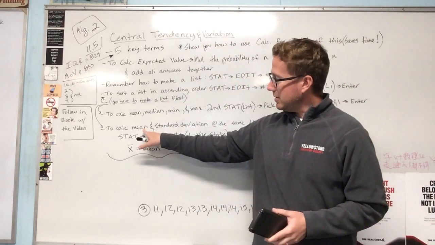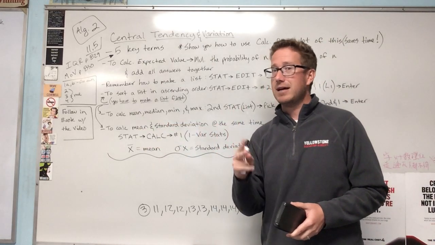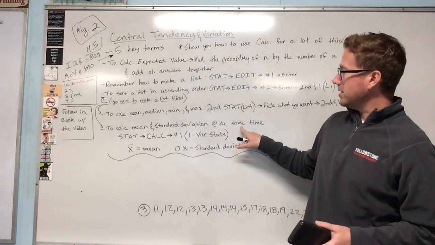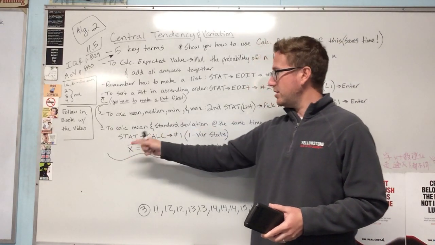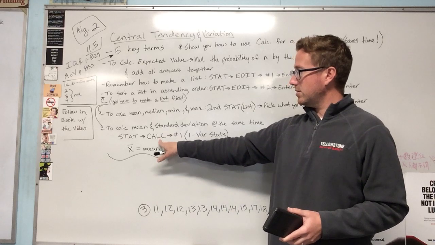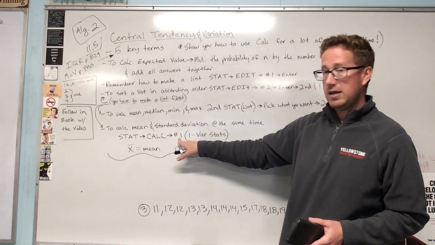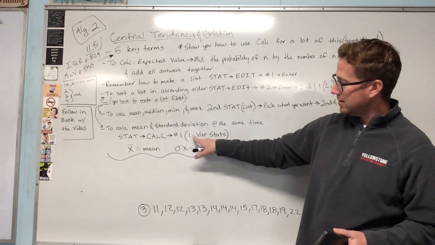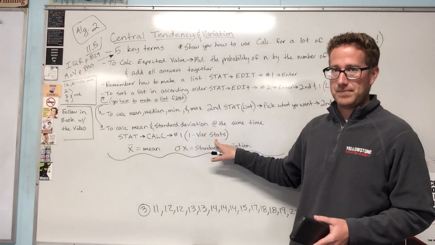Then, to calculate either the mean or the standard deviation, this will do both at the exact same time for you. You're going to hit the Stat button again, and then move to the right until it goes to the Calculate category. And then the first one in the Calculate category should look like this, 1-Var Stats, okay?